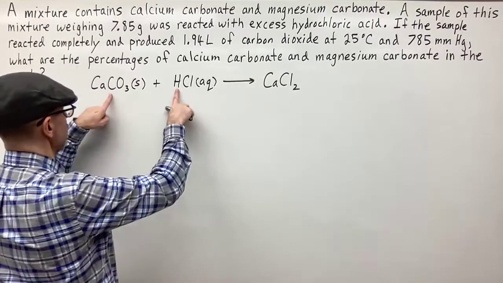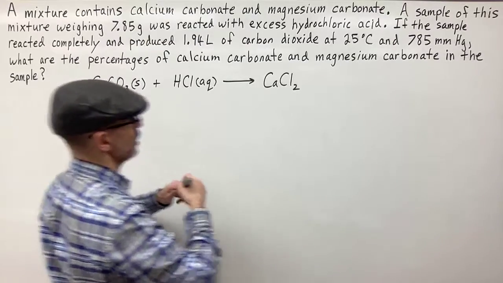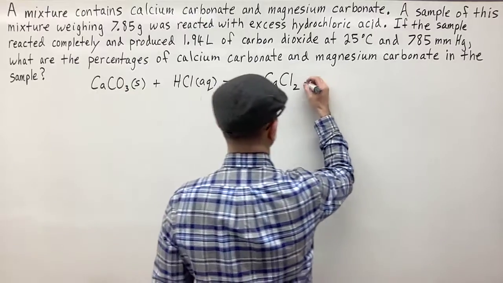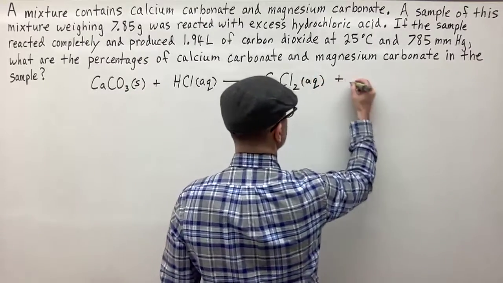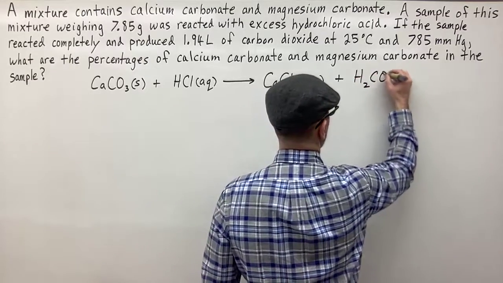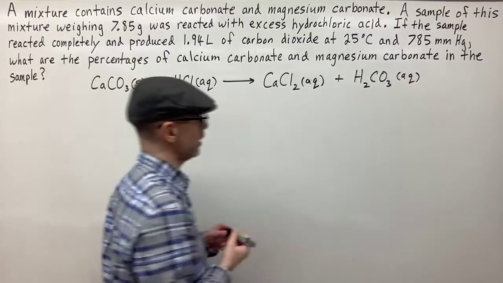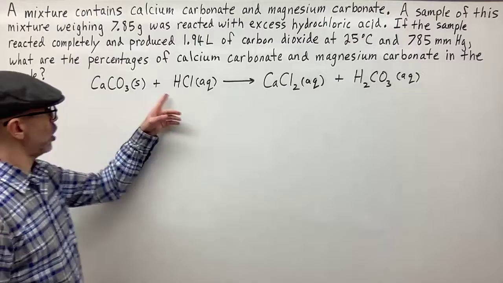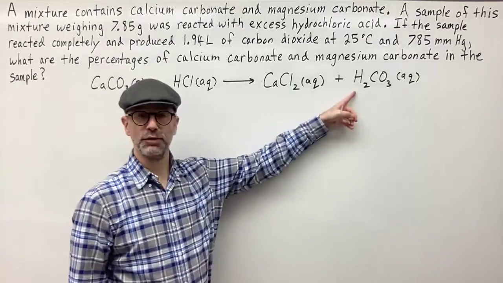And then the CO3 is going to go together with the H, so this will be aqueous plus H2CO3 aqueous. The CO3 has a 2 minus charge, so we need 2 positive hydrogens to balance the charge.